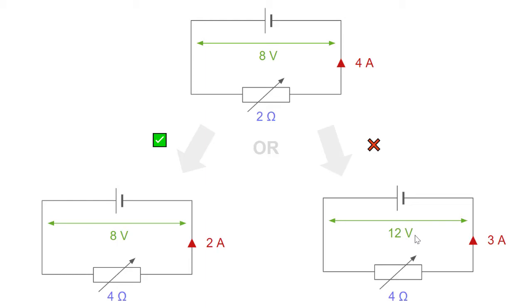And in fact, I can use an infinite number of different combinations of voltage and current that will give me this ratio of 4, which is the resistance. So the trouble is that unless you know that the voltage across the battery stays constant, then you can make consistent predictions using the maths and still get the answer wrong.